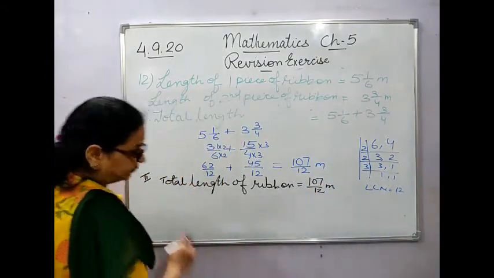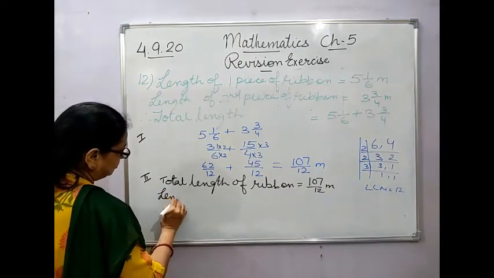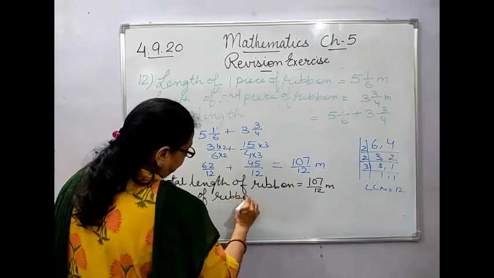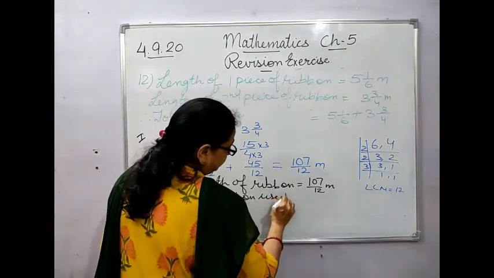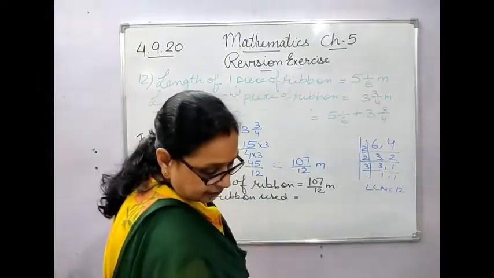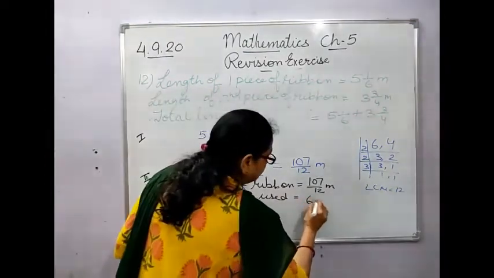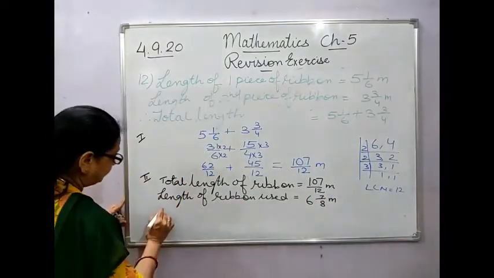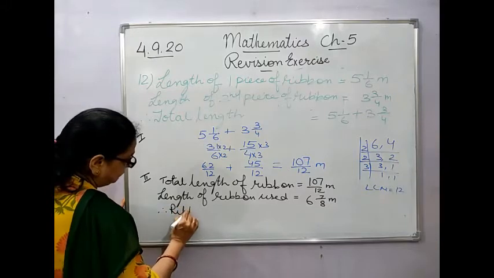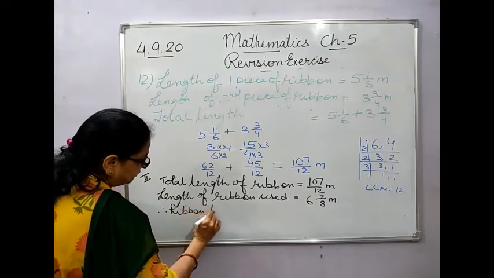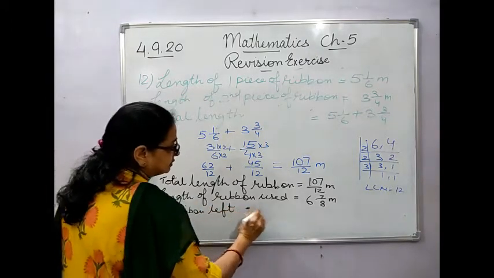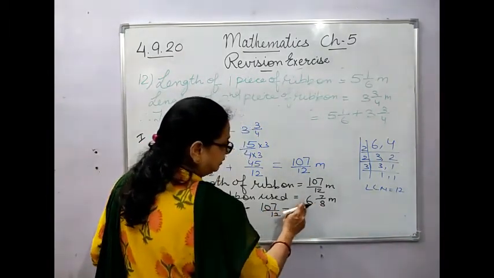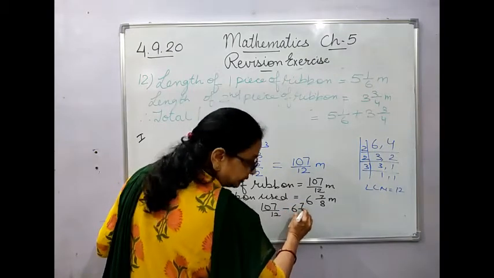Then length of ribbon used to decorate the doll was 6 7/8 meters. Now ribbon left is 107 upon 12 minus 6 7/8.